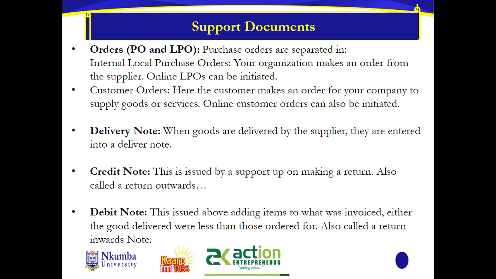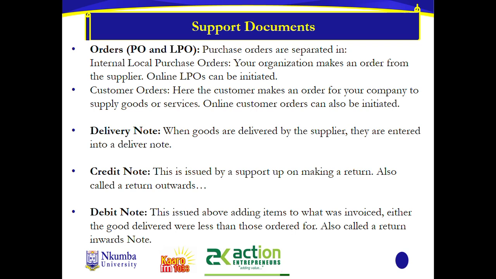So they write a return outward note, which is a reduction on the invoice. If someone has supplied you 20 bottles and you actually needed 15, they initiate a credit note for 5 and charge you for 15 other than the 20.